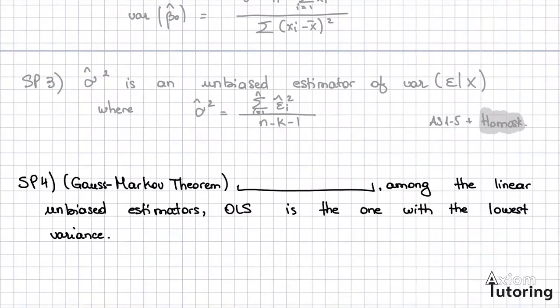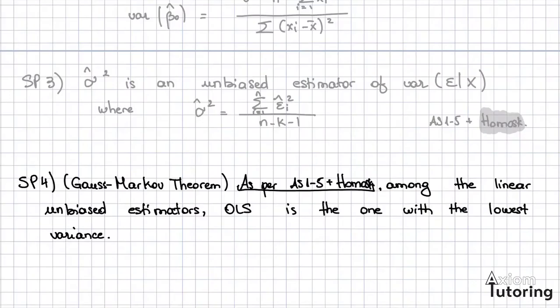So as we've done with all of the other statistical properties, what are the assumptions that need to be fulfilled for the fourth statistical property? The answer will still be the same as what we've said for statistical property 2 and 3. We need to make sure that assumptions 1 to 5 plus homoscedasticity are fulfilled. And there is a reason why I'm not writing assumption 1 to 6 and saying assumption 1 to 5 plus homoscedasticity.